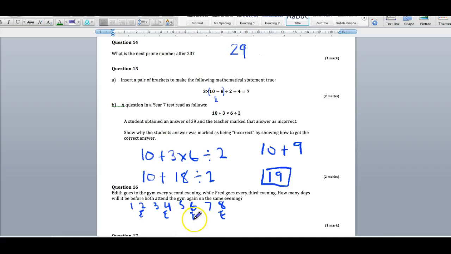And Fred goes every third. So that's Fred, and he would go on day 9. So the first time they attend the gym together is 6 days, okay, on the 6th day.